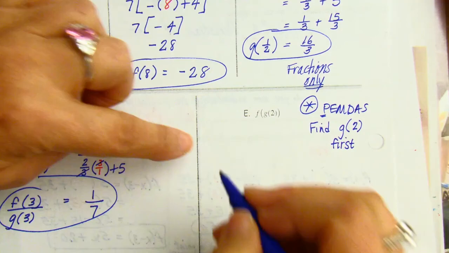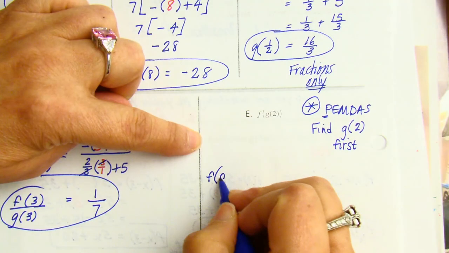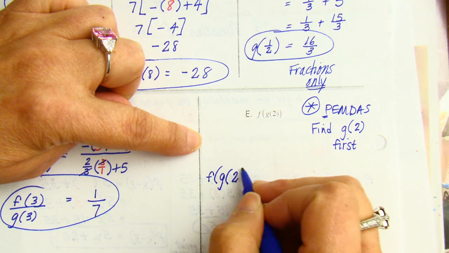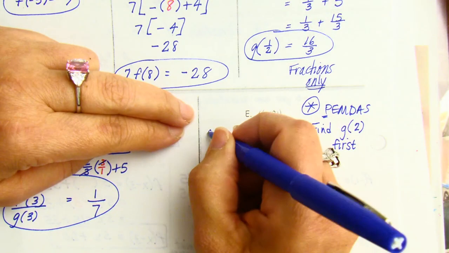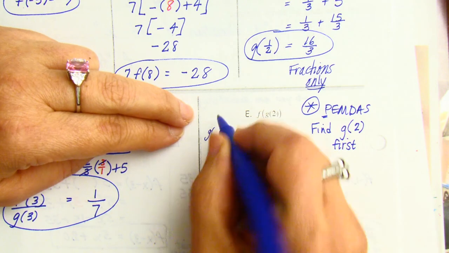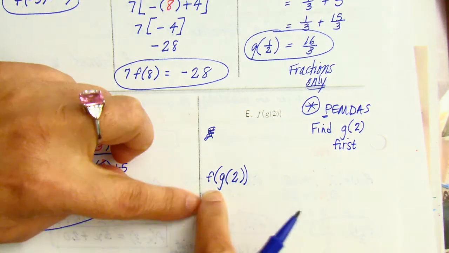Okay, so I'm going to say f of g of 2. Over off on the side, I'm going to find g of 2. I could show my work up here. I'm not going to show it up there. I'm going to show it down here.